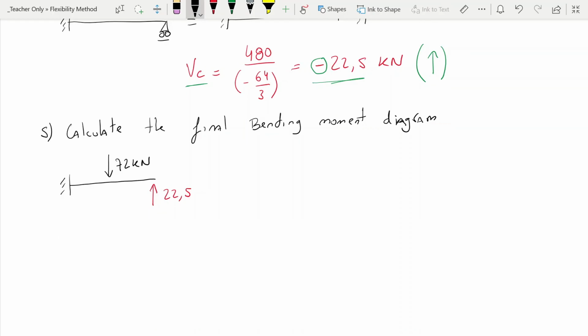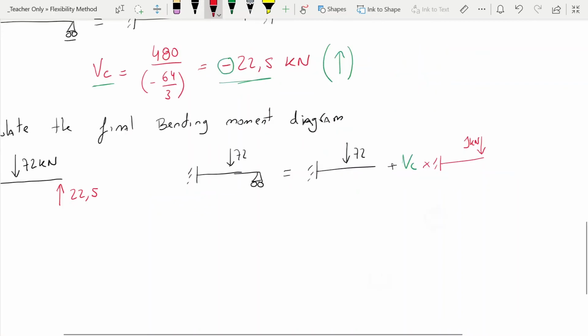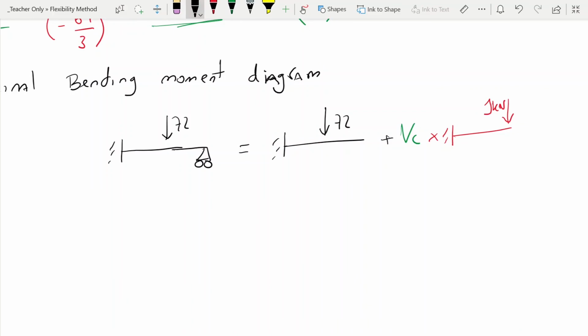Because if you guys remember, we are saying that our structure, and I'm going to try to draw it, is nothing more than our structure with a 72 plus VC, we can times this by our second structure with a load of 1. So if we now take this equation, we can say that our final bending moment diagram is nothing more than the bending moment diagram we got from the loads that we have already.